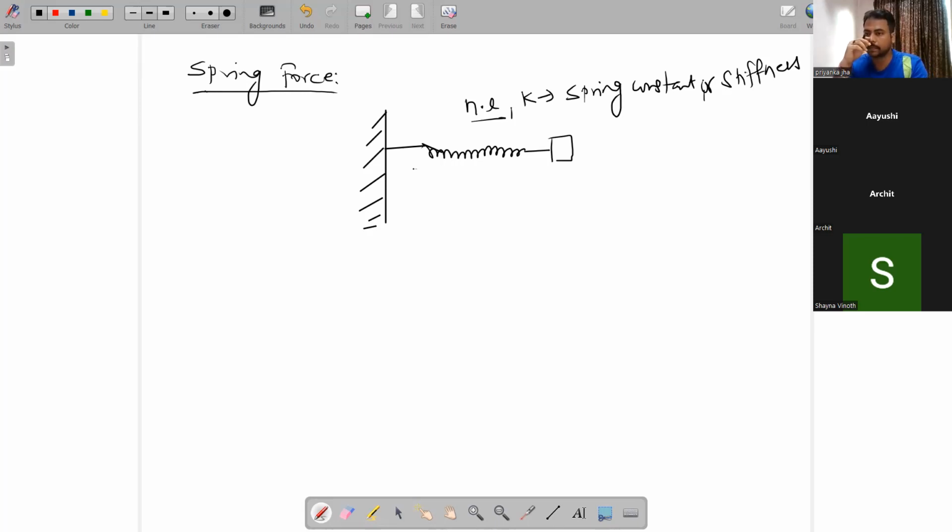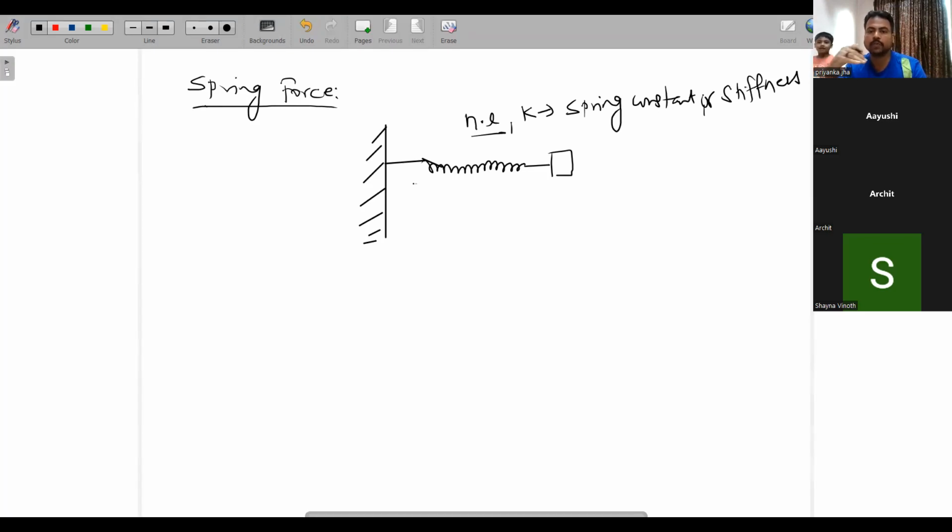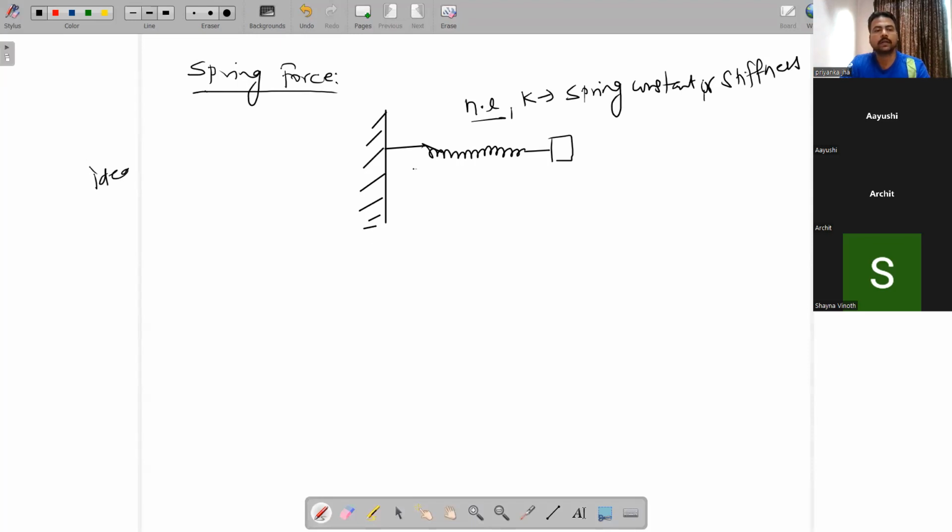This depends on the property of the metal the spring is made of, so it may vary from metal to metal, right? And we consider ideal spring only. Ideal spring only. It means that mass is 0, no mass, right?